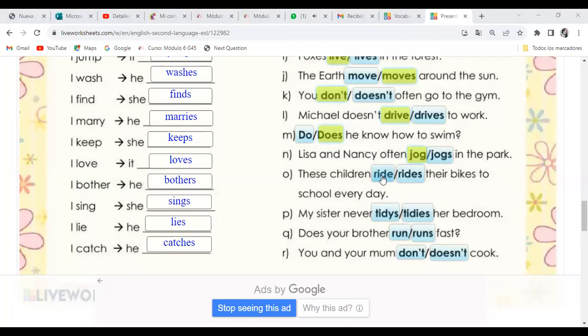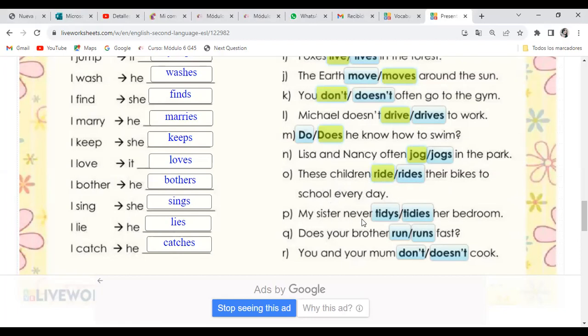Sin la S, ¿por qué? Porque aunque esta palabra se ve como singular, tiene un significado plural. Children, recuerden que en inglés significa niños, o sea, tiene un significado plural. Entonces, como tiene un significado plural, es por eso que el verbo va conjugado sin la S, ¿me entienden? En afirmativo. These children ride their bikes to school every day.